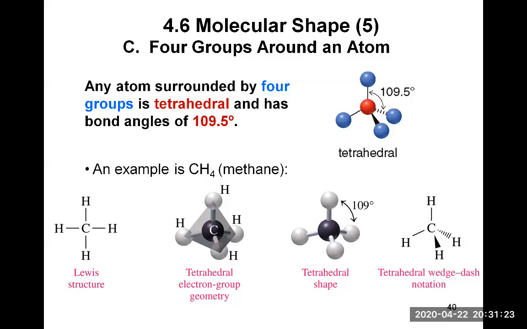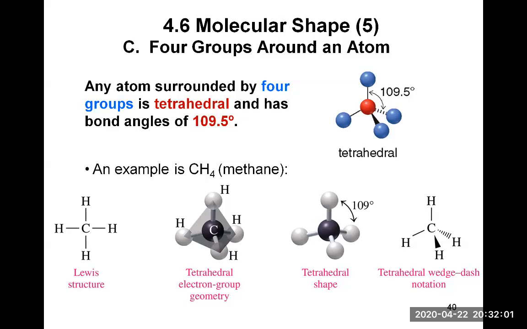And those 4 electron groups will push each other and take on that tetrahedral electron group geometry, where the hydrogens are all equidistant from each other, and the angle between 2 bonds is 109.5, and it's the same angle between every 2 consecutive bonds. So it doesn't matter which way you look at it, there is 109.5 between every 2 bonds.